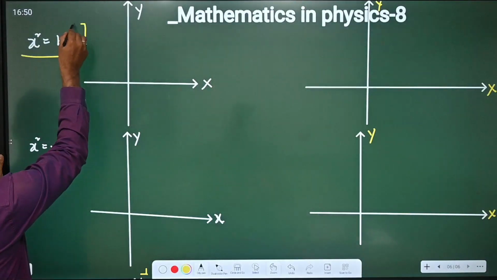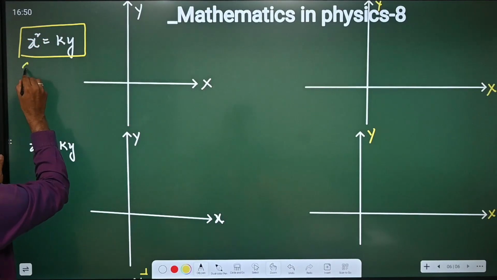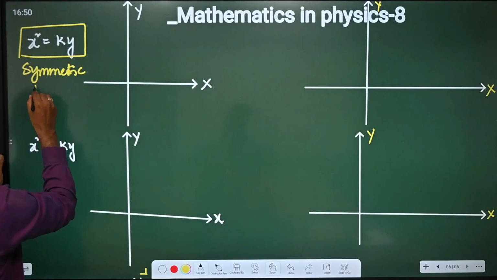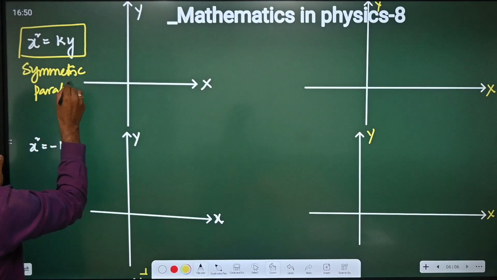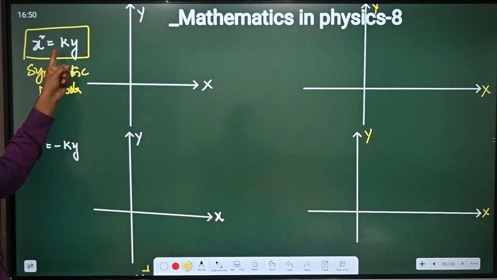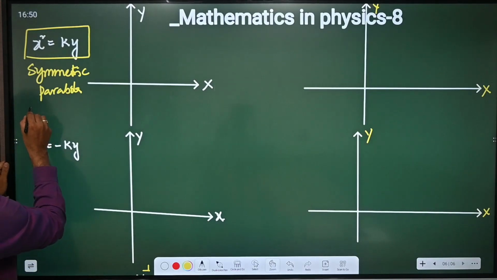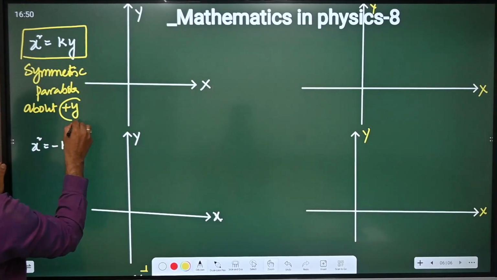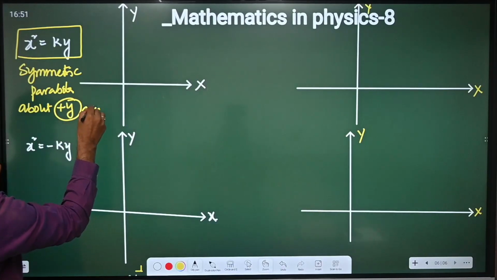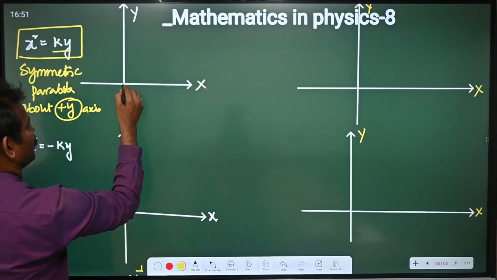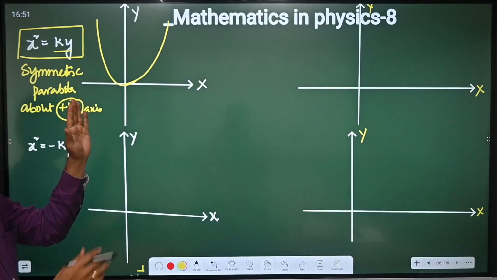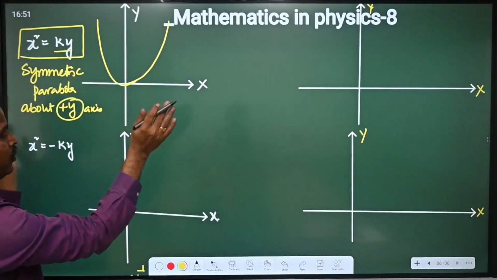X square is equal to ky is also a symmetric parabola, but this is x square is equal to ky about positive y-axis. That is, the graph will come like this. So the graph will be symmetrical about positive y-axis.